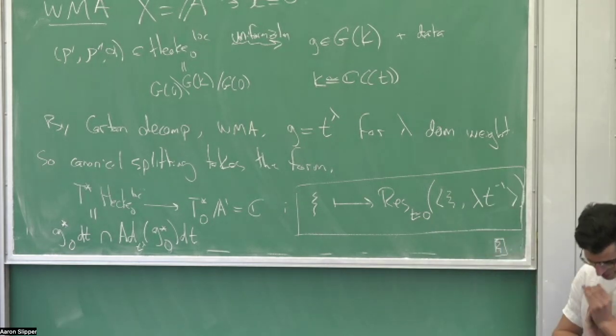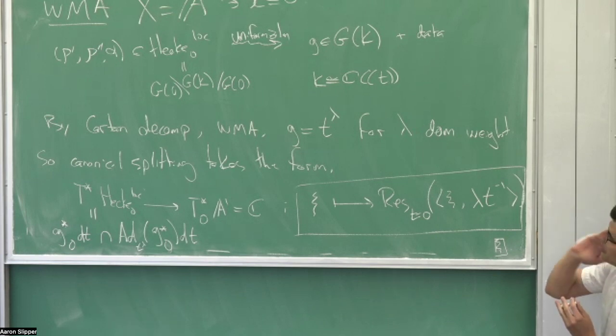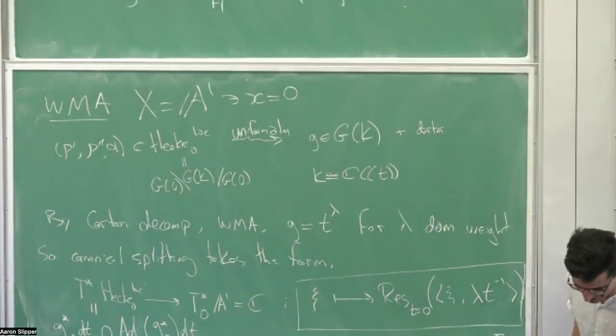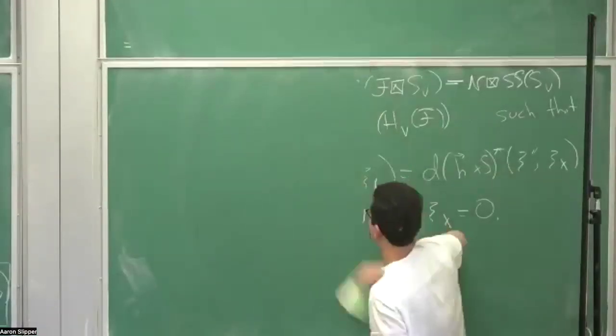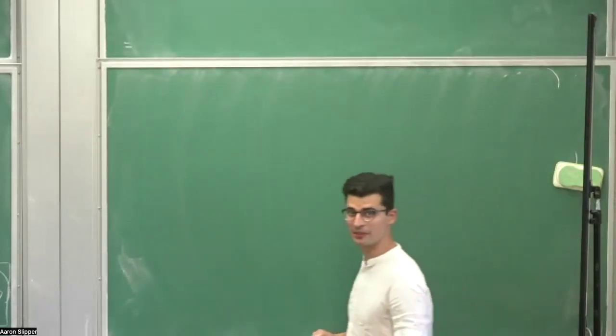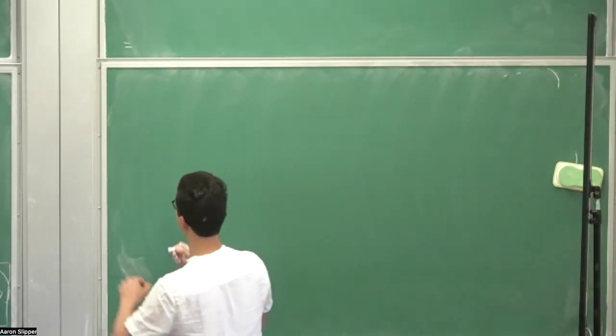Okay, so that completes the proof of this Nadler-Yun result. And there's one final step to finish the construction of the global Hecke action in the Betti setting, and then I'll pause for questions and move to the general framework.